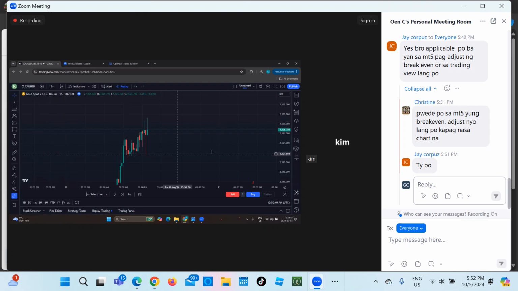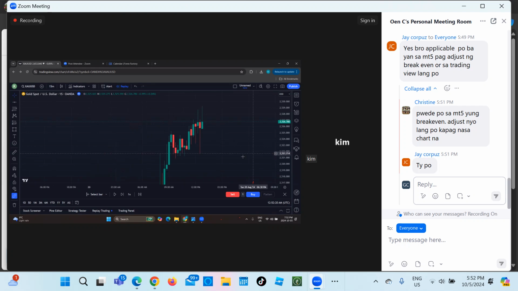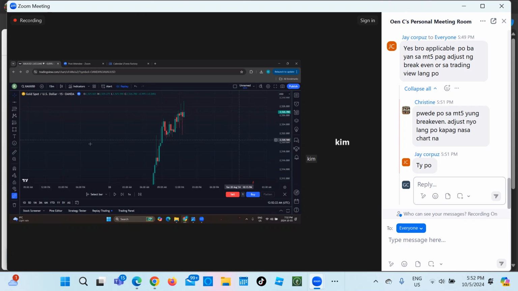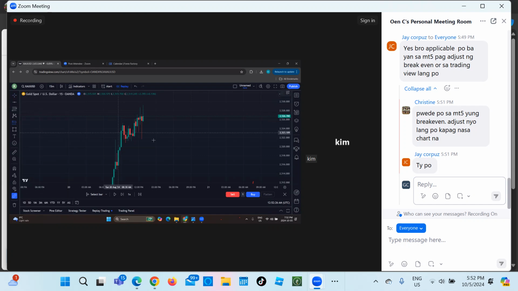I would look for a candle, if the candle is weakening, right? The buying pressure is going to lose now. Sellers are going to come in. I would take my short position around this area.